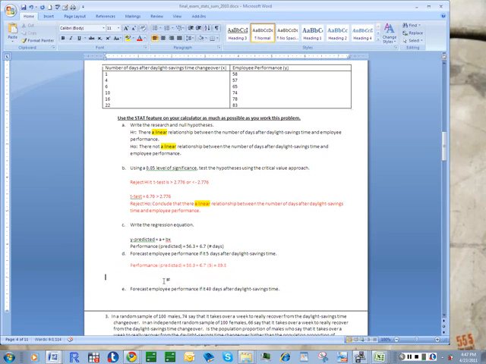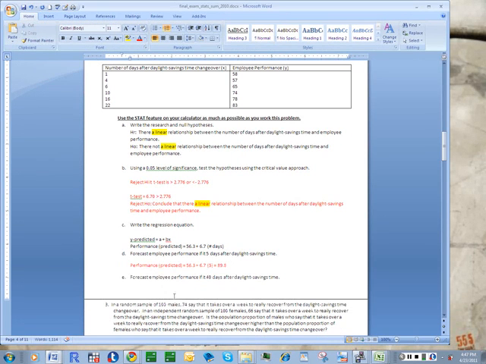And then on Part E, forecasted performance, if it's 40 days after, and notice up here, our lowest number was 1, and our highest number was 22. And we should not be making forecasts outside that range.